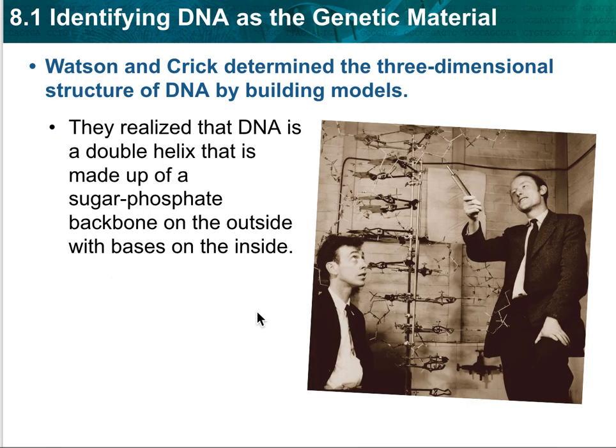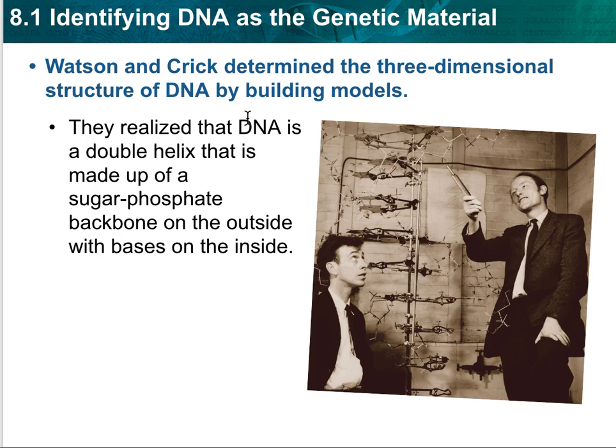Okay, so classically this structure of DNA, how it was first discovered, the people that have always been the most recognized have been Watson and Crick, and so they are given the most credit in regards to discovering the structure of DNA.